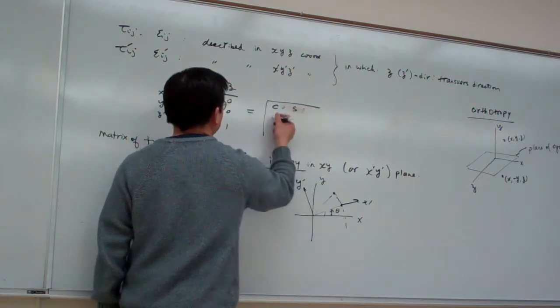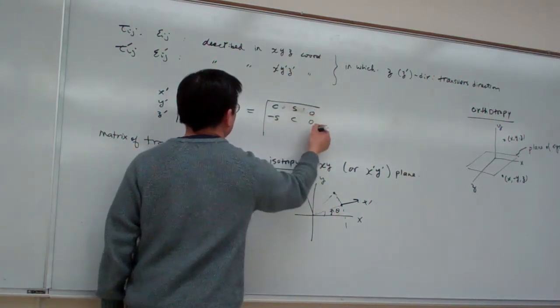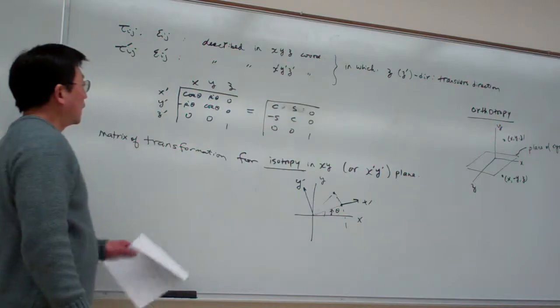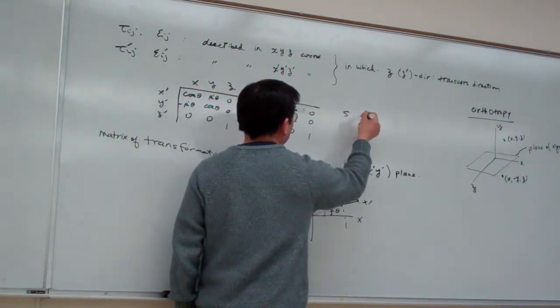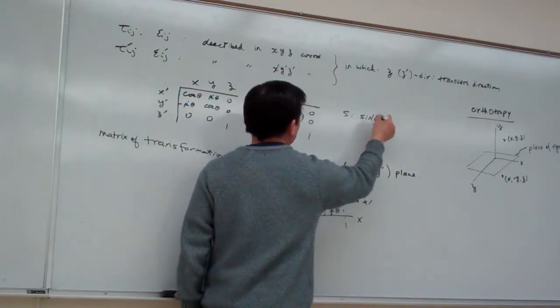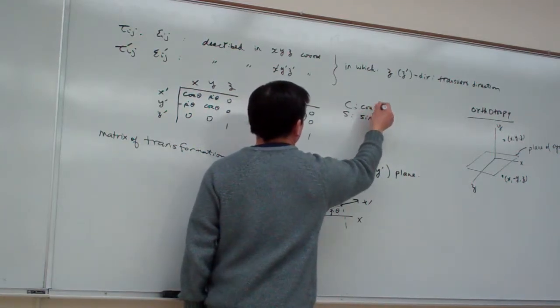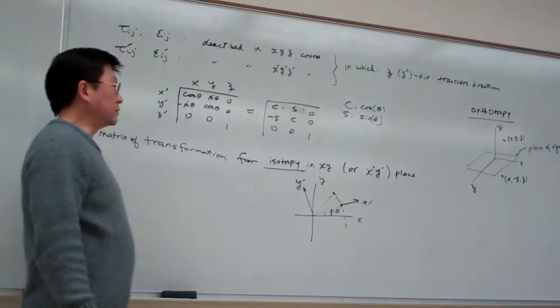C, S, 0; minus S, C, 0; 0, 0, 1. I simply use C for cosine and S for sine.